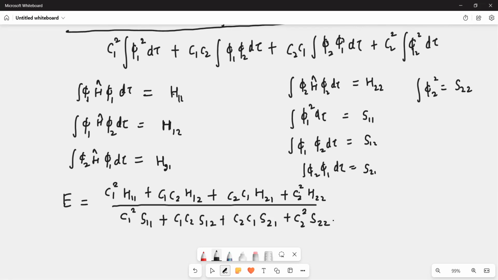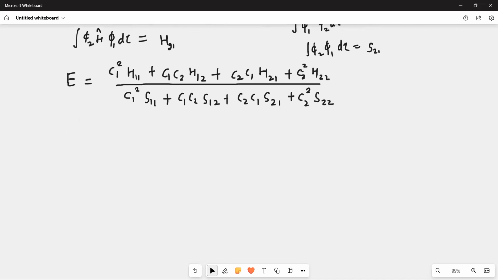Okay. But here we have two integrals that give the same value. Which ones? H12 and H21. So you see, out of these integrals, H12 is equal to H21. How are these equal? You know, H12 is equal to phi 1 H phi 2, right?